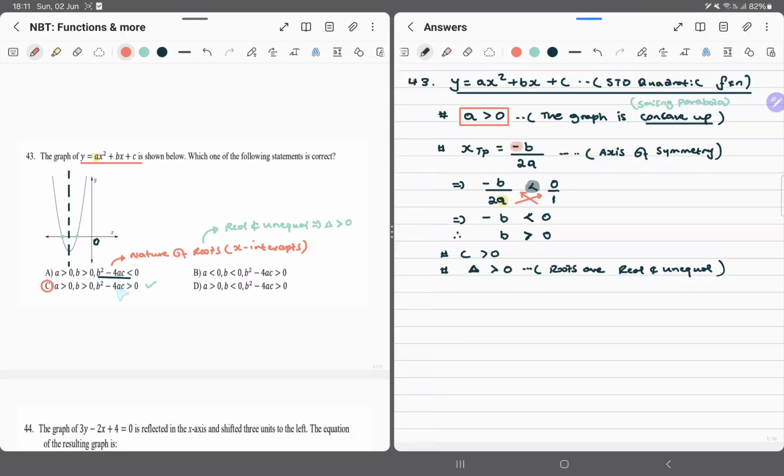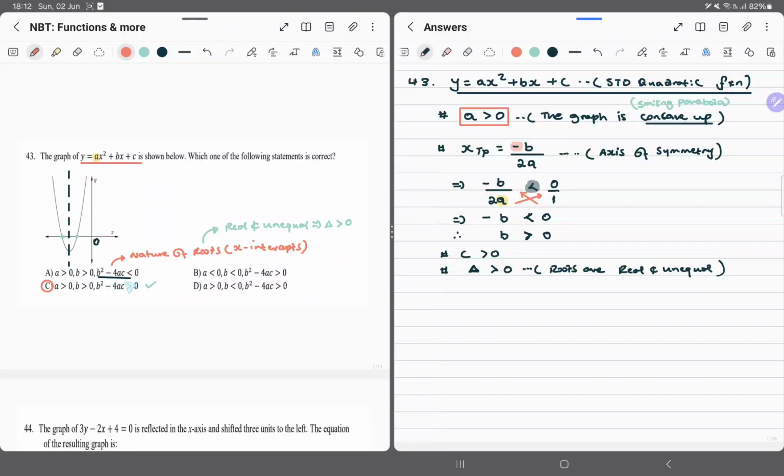Well, we cannot speak about the rationality of these roots because we don't know. They could be irrational, they could be rational. But for us to know that, we would have to see exactly what these values of a, b, and c are, so that we can determine whether our discriminant is a perfect square or not. Because if it is a perfect square, then we can say they are rational.